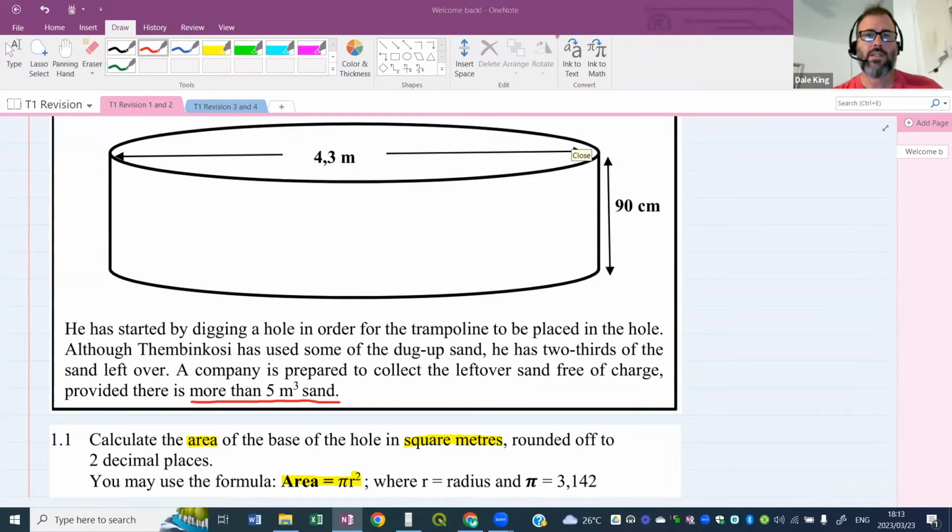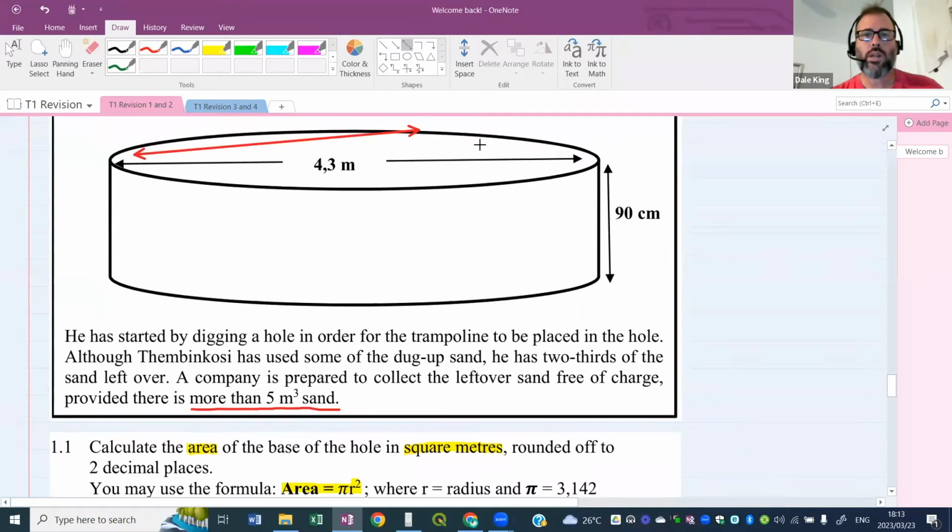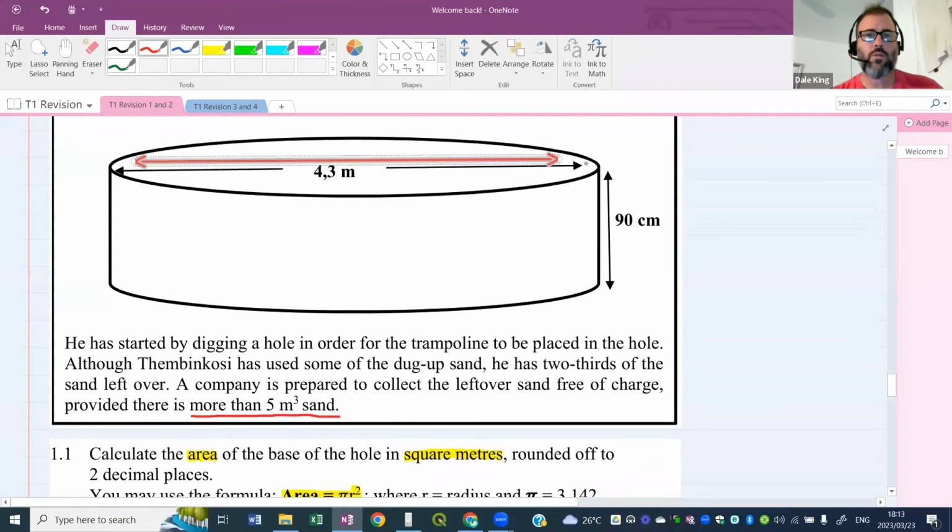Alzondi says the diameter. Everyone's saying 4.3. Okay, look at the 4.3 and here is the 4.3 at the top. Everyone's saying 4.3 is the diameter. Okay, but that is a diameter. So how do we calculate the radius?